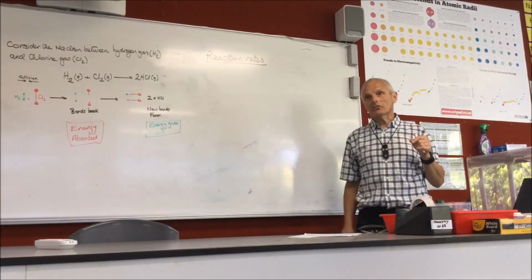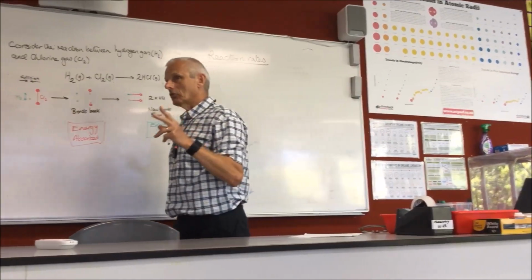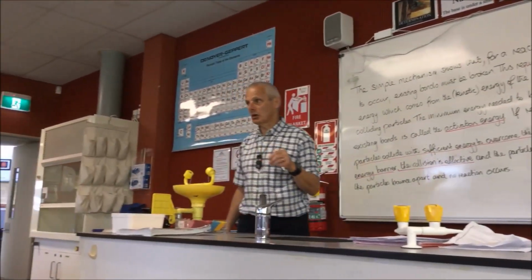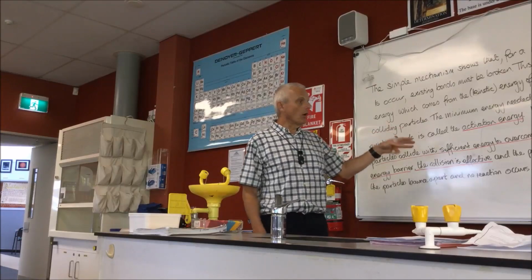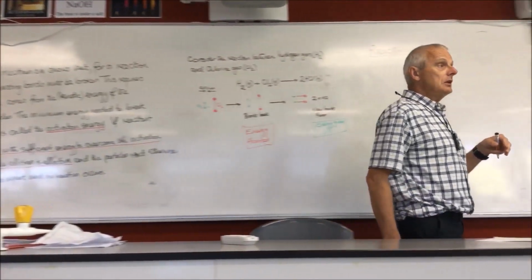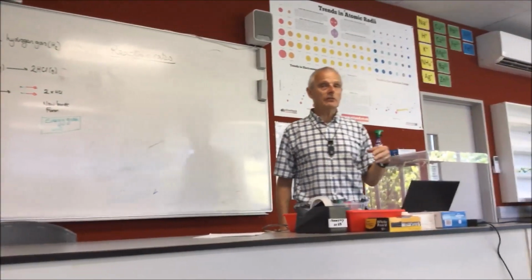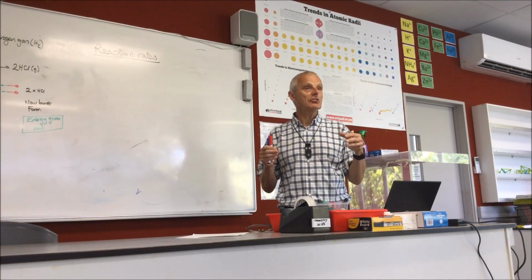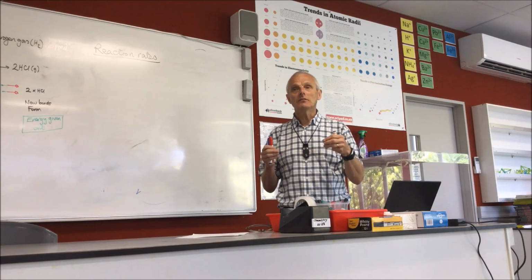Now there are two factors that determine how quickly or slowly a reaction goes. This is one of them. It's related to the effective collisions and ineffective collisions, and it's basically the percentage of collisions that are effective.